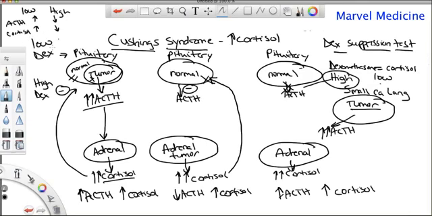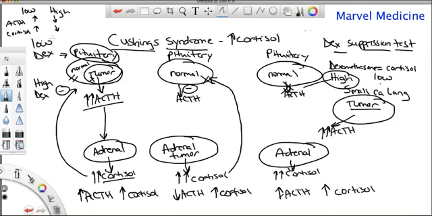With high dose dexamethasone, you will see some decrease in ACTH and cortisol in a pituitary tumor. Remember that. With high dose, you will see a decrease. Why? Because of negative feedback. But with low dose, not so much. Nothing really will happen. It'll remain high.